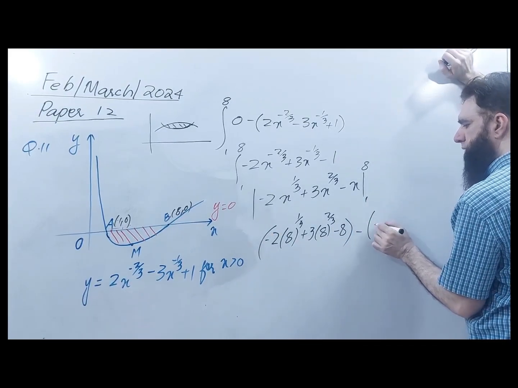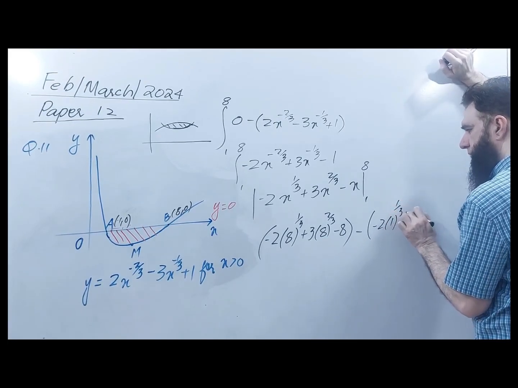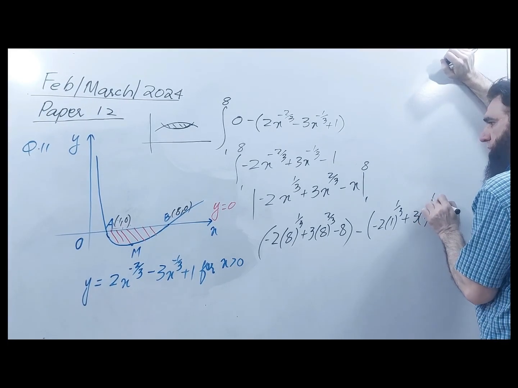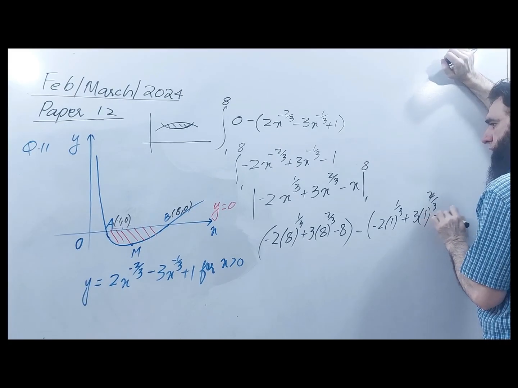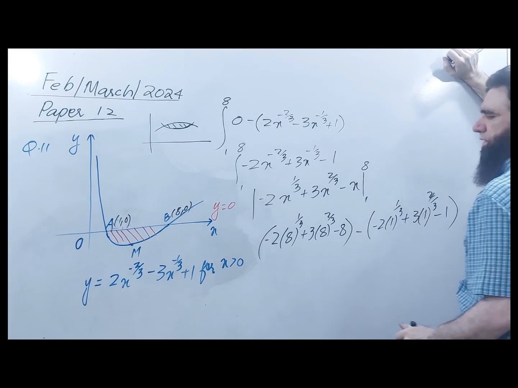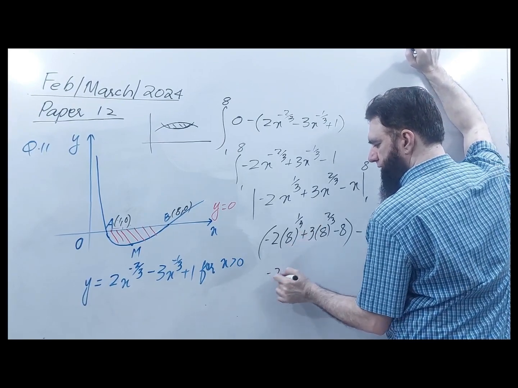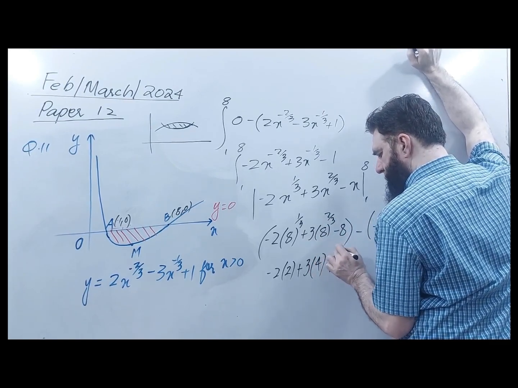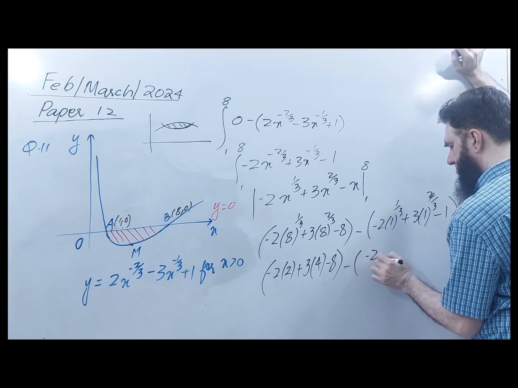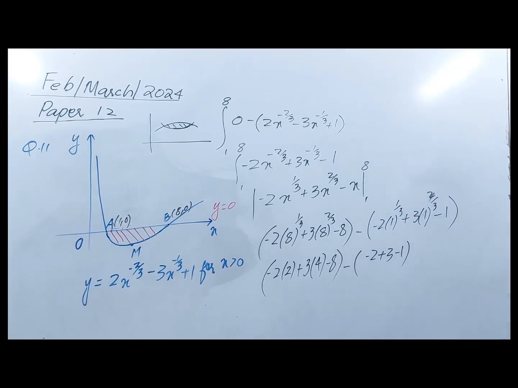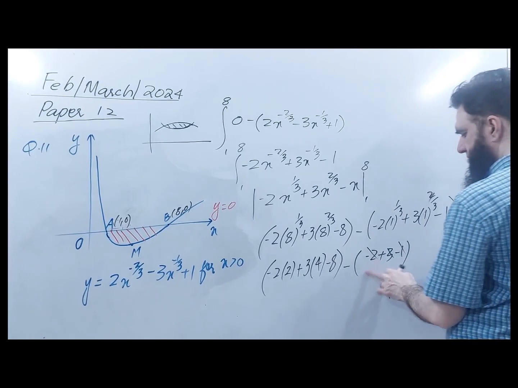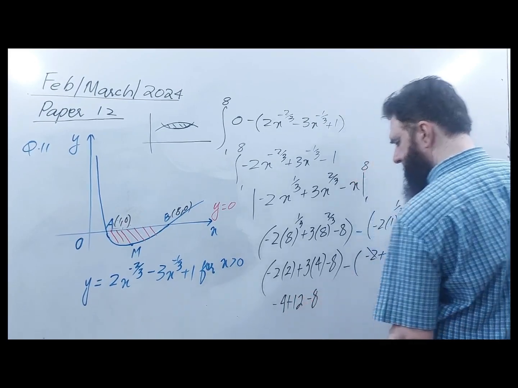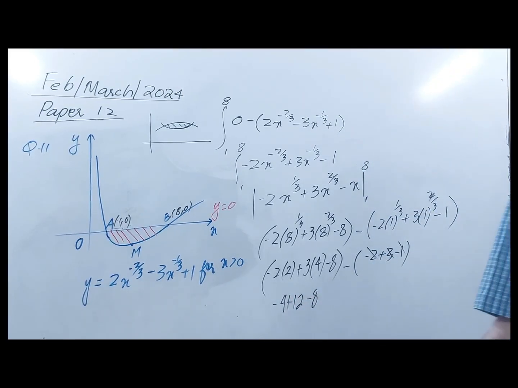Minus the lower limit, which is 1: minus 2, 1 power 1 by 3 plus 3, 1 power 2 by 3 minus 1. 8 is 2 cubed, so it becomes minus 2, 2 plus 3, 2 cubed, 2 goes 4, minus 8, minus 2 plus 3, minus 1. So this is 0, you can see, minus 3 plus 3. This is minus 4 plus 12 minus 8. This is 0.